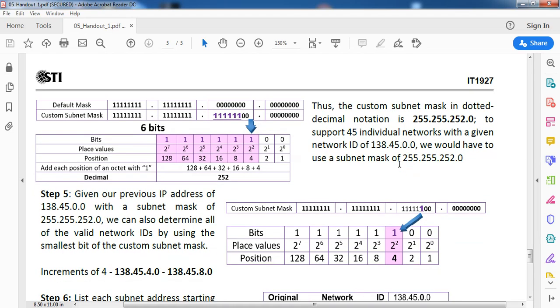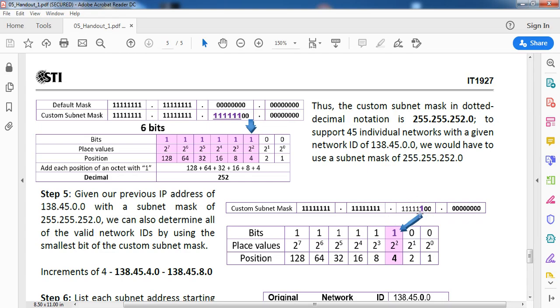Now, when we have our custom subnet masks in place, if we look at the 6th bit here, because we need to determine the custom subnet ID of each of the networks. So we have the network IDs here, the 2 octets, and then we have the borrowed 6 bits here.